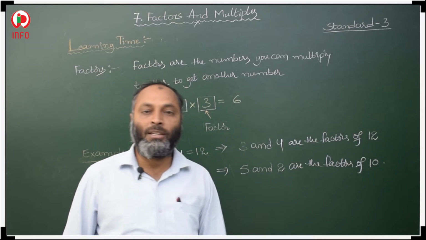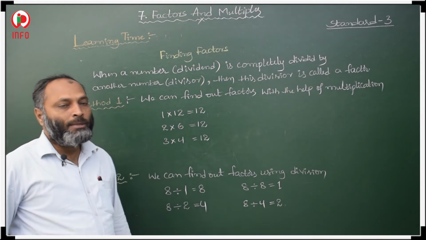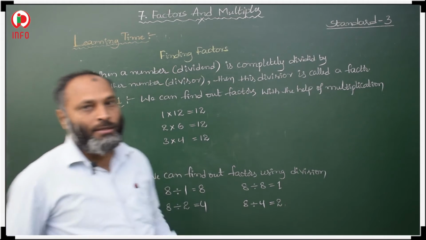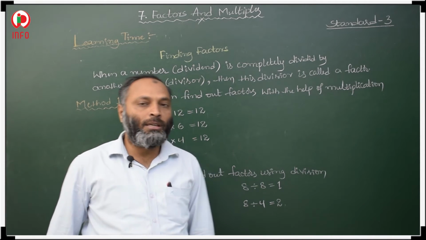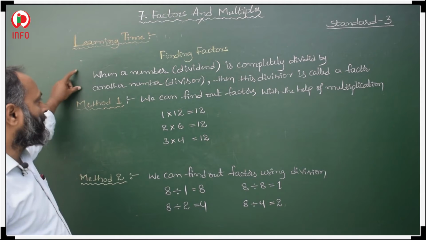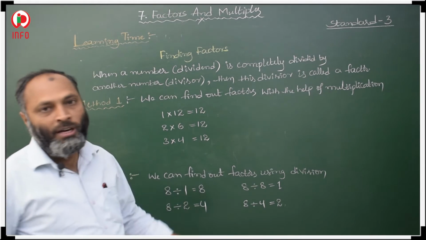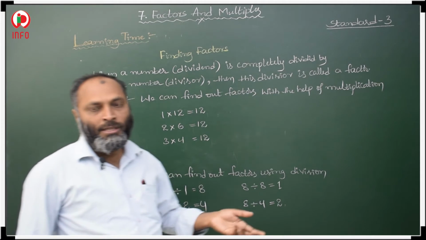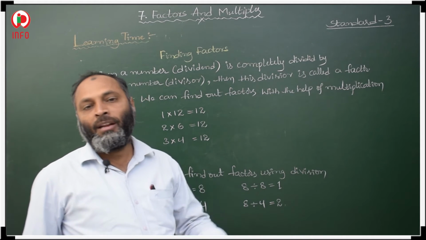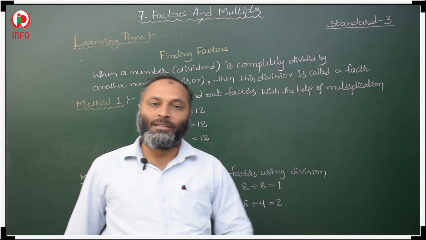Okay, students. Now the next concept, finding factors. How to find factors? See here. When a number, which we call the dividend, is completely divided by another number, that number is the divisor.